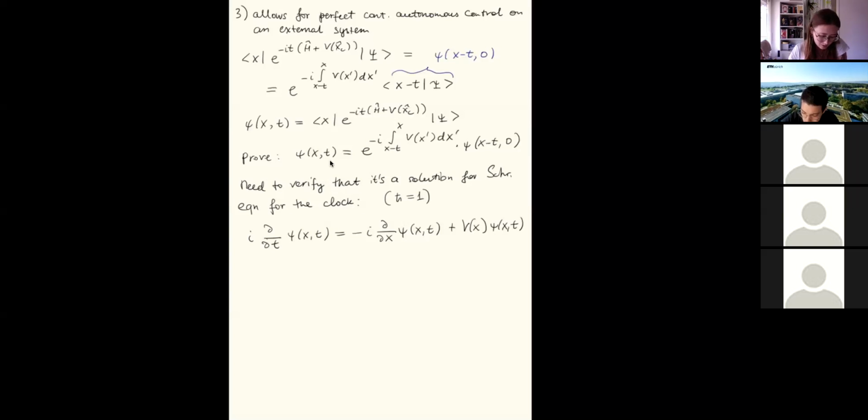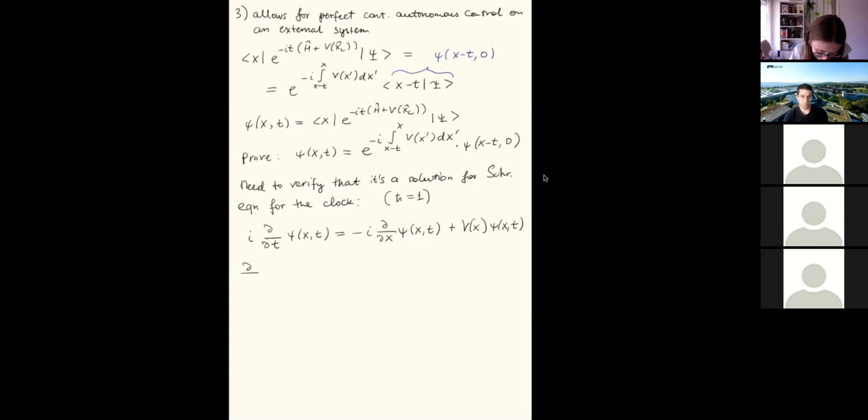Then let us insert, instead of psi of x, t, the thing that we want to show it is equal to, so this phase times psi of x minus t0, and make sure that indeed this equality holds.